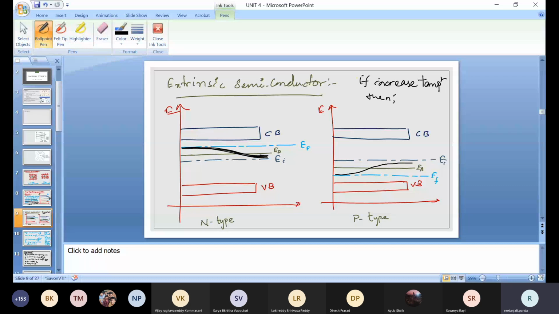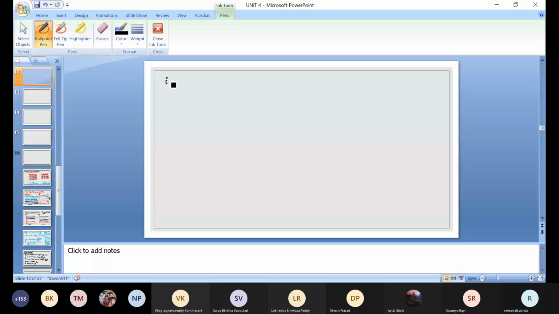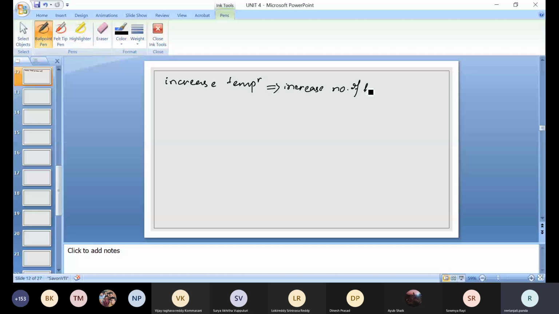So basically, if I want to put this in simple terms, if we increase the temperature, the Fermi energy will start to increase, or incline towards the conduction band, but it will never cross the intrinsic Fermi energy level.